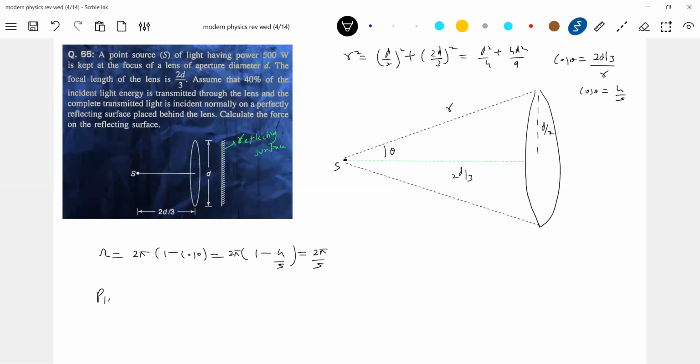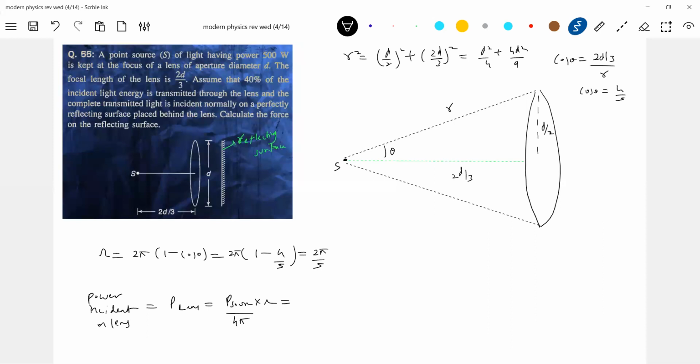Now the power incident on the lens. Power incident on the lens is equal to the total power emitted, the power of the source, into the solid angle divided by 4 pi, because the source will give out power in all directions.